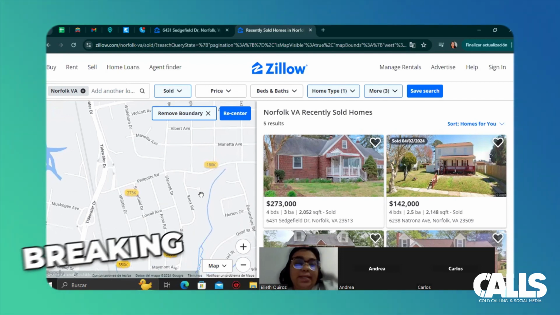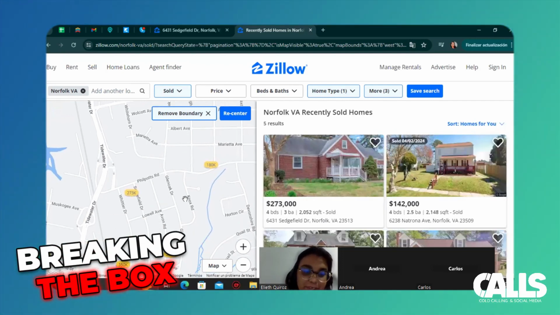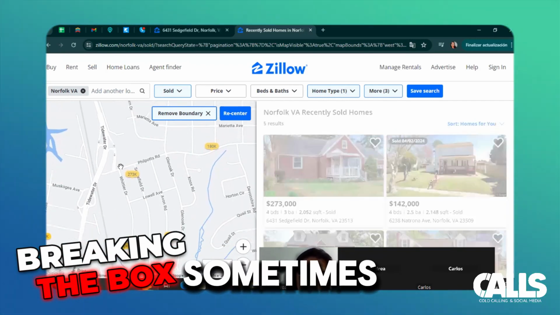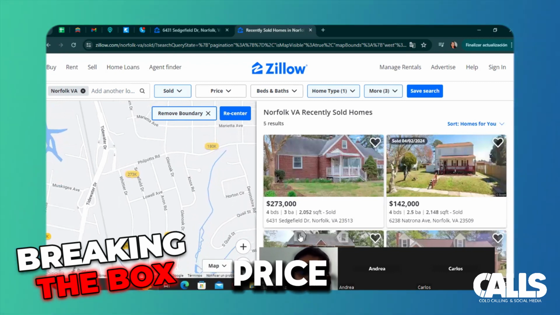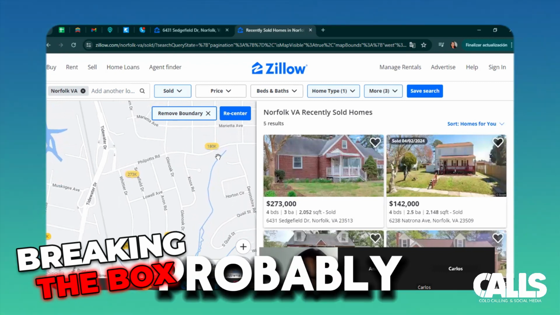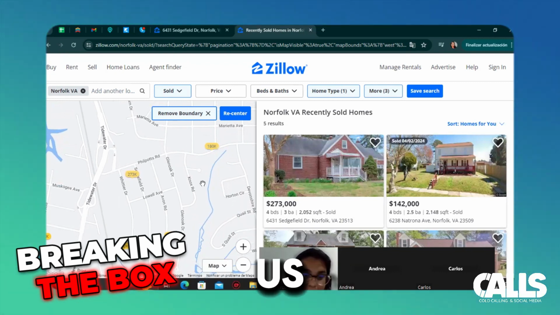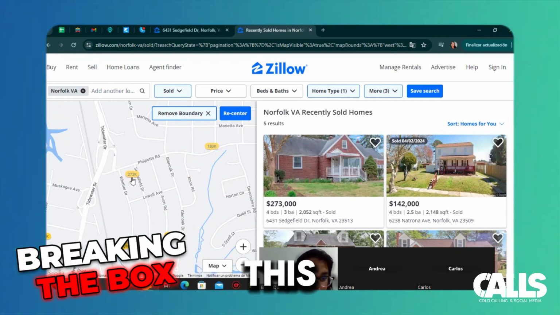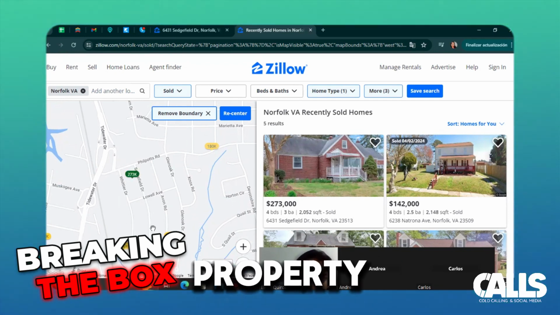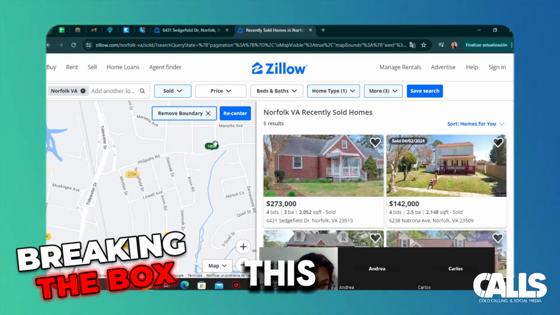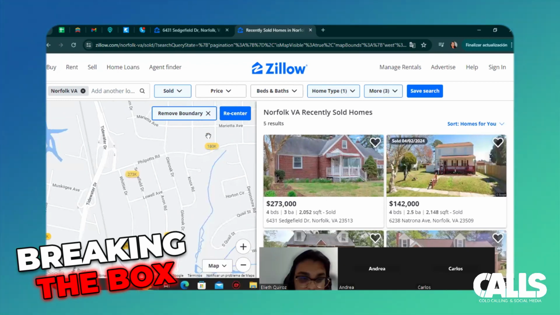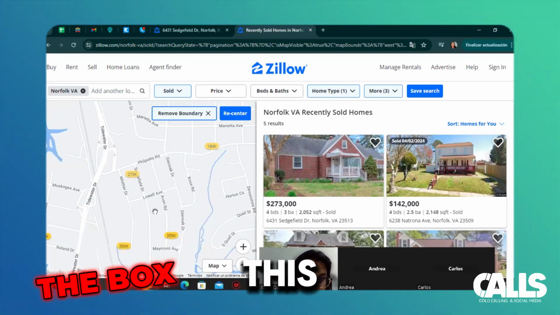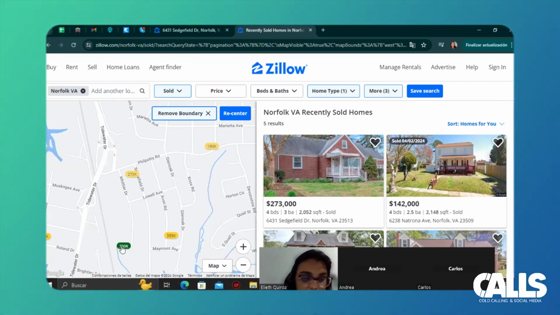So markets like Virginia are a little bit tricky. Sometimes from corner to corner, the market price changes. So this probably is not gonna be a good comp for us. Probably this is more like a comp for this property because this looks like it's another neighborhood. You see? This is still close.